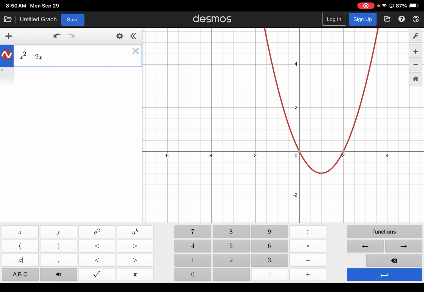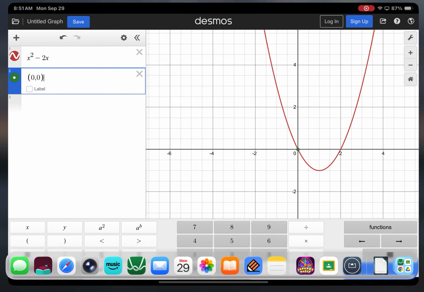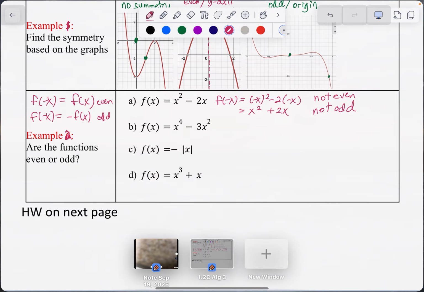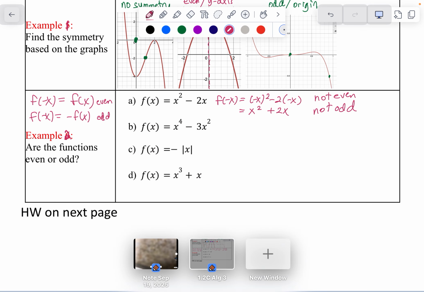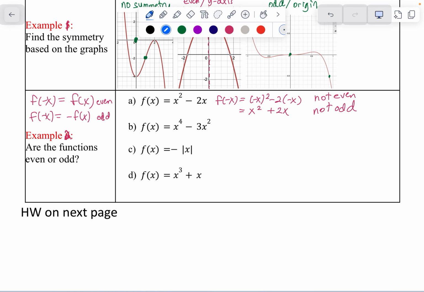If I stuck a push pin at the point 0, 0 and spun at 180 degrees, the arms would be pointing downward. It wouldn't be anything good. So you can see it doesn't fit algebraically or graphically. Okay. Now let's go back and look at example B.